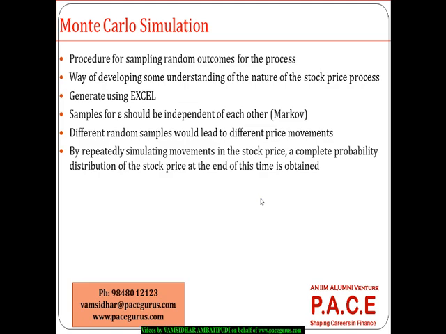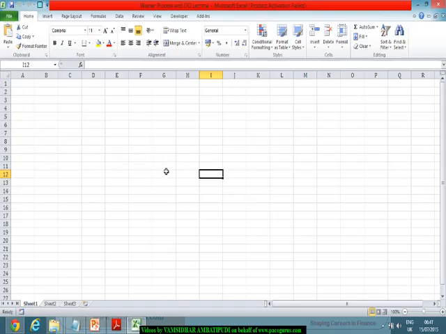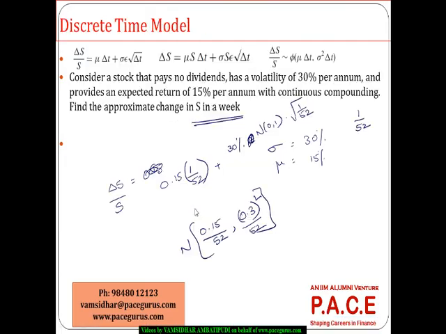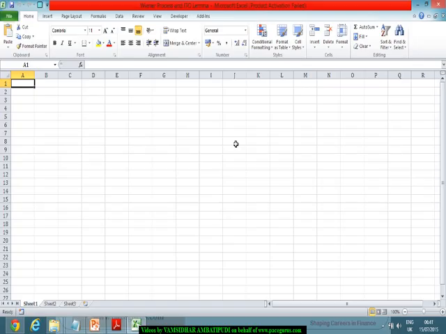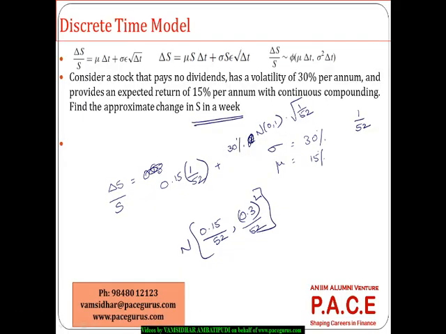So let me assume, on a yearly basis, probably I'll take the same example. The expected return is 15% per annum, and let's say the standard deviation is around 30% per annum.